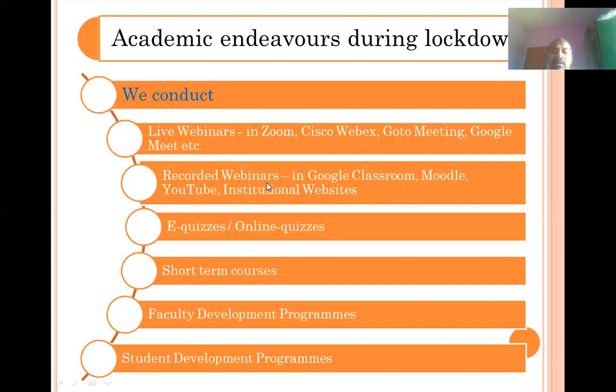And sometimes when you feel that there arises some kind of technical issues and the participants will not be comfortable enough to be online to get all the content, we conduct offline content delivery systems. Something like we conduct our recorded webinars in Google Classroom or in Moodle learning management system, or through YouTube, or through some institutional websites. So both live and recorded webinars are being organized.